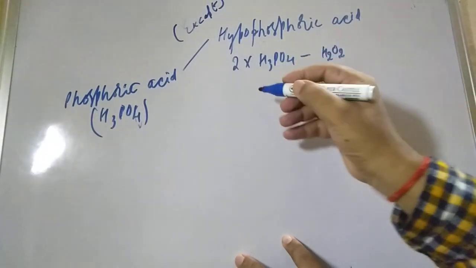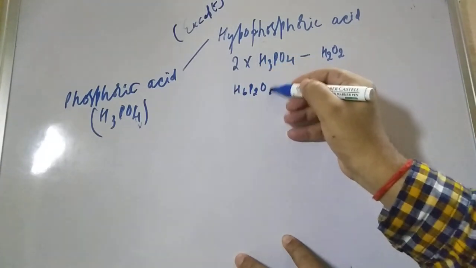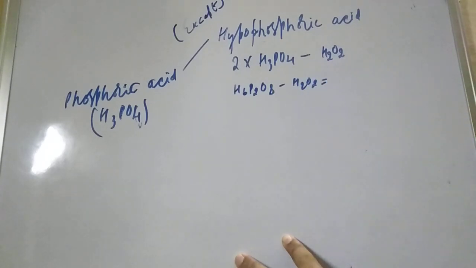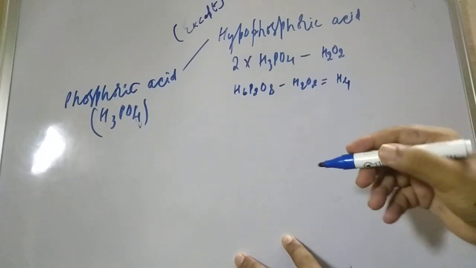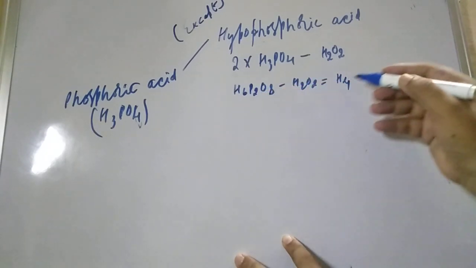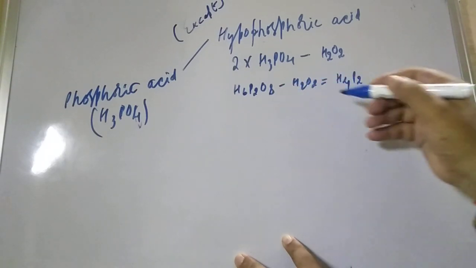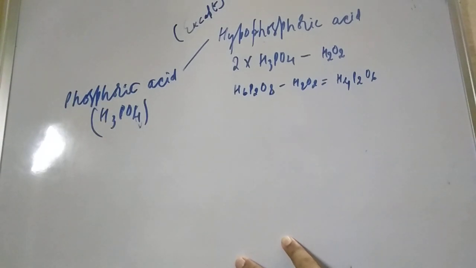Now see what the formula could be. H6P2O8 minus H2O2. Now see what structure will come. 2 hydrogen will go out, so that is H4, and P2 is as it is. From the oxygen, 2 oxygen will go, so O6. H4P2O6 will be the formula.